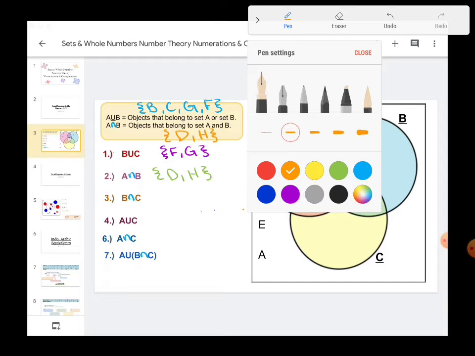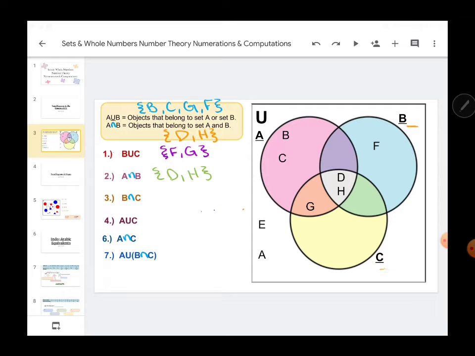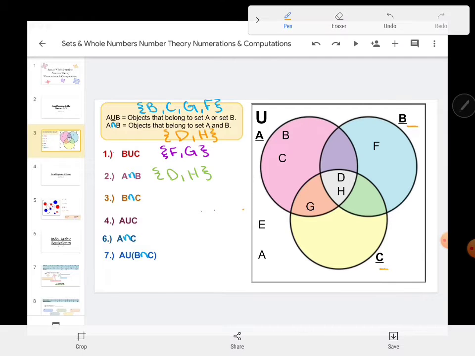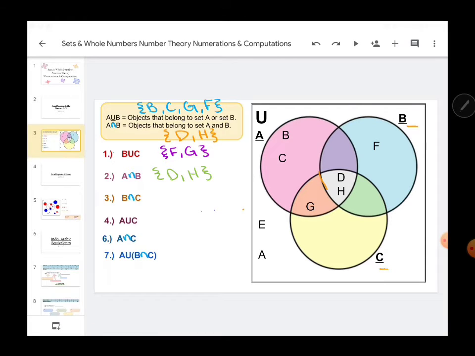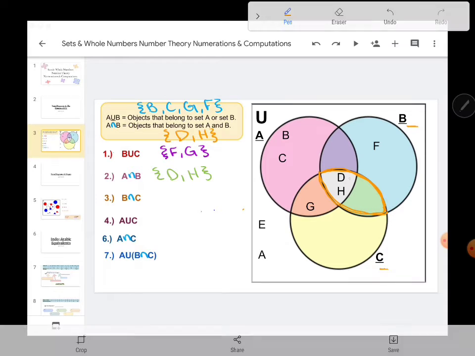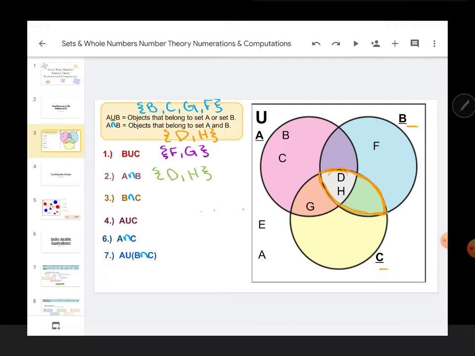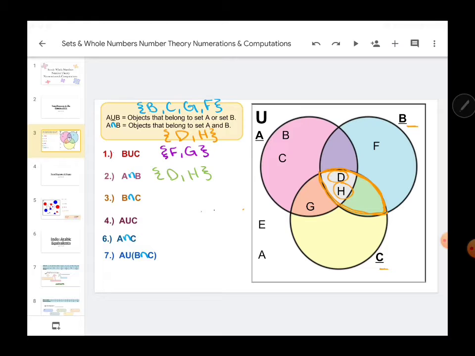So in this instance, we're looking for objects that belong to B and C. In other words, we're looking for the letters in this overlapping section right here that belong to both circle B and circle C. Therefore, our solution is going to be D and H.